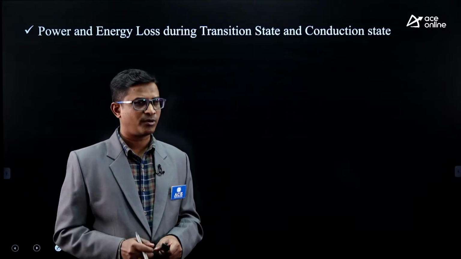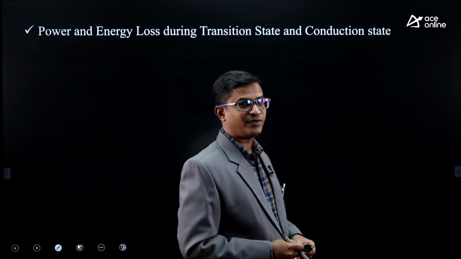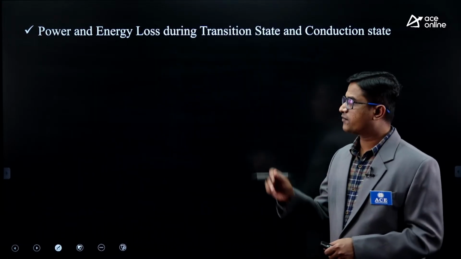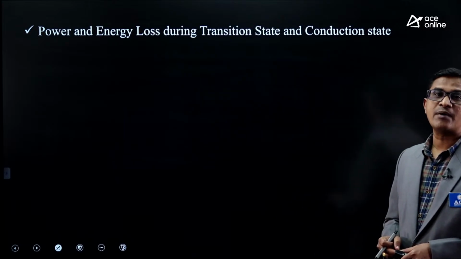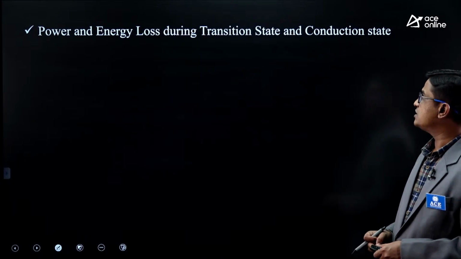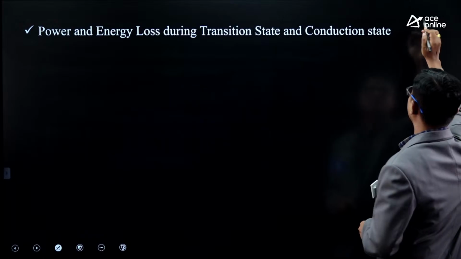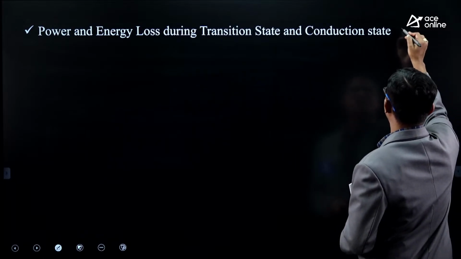Very, very important topic. If you check the previous year question papers, GATE as well as ESE, you will find questions based on power calculation and energy calculation during transition state as well as conduction state. Okay, I will give a 4-star rating for this concept.